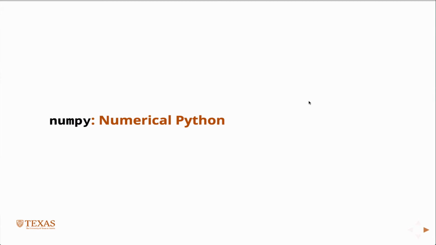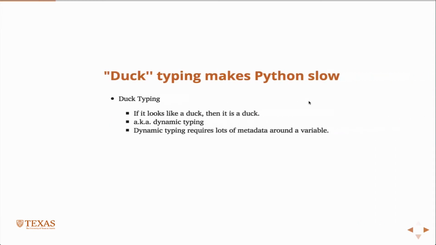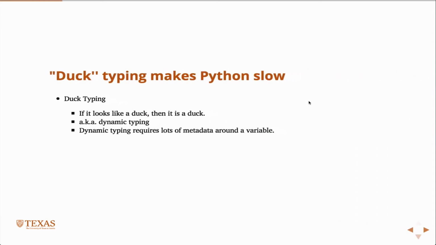But what this allows you to do is have much faster computations for numerics in Python. So Python is slow primarily because of something called duck typing, also the real name would be dynamic typing. The idea behind duck typing is if it looks like a duck, then it's a duck. So if you have a number and it looks like an integer, then it's an integer.